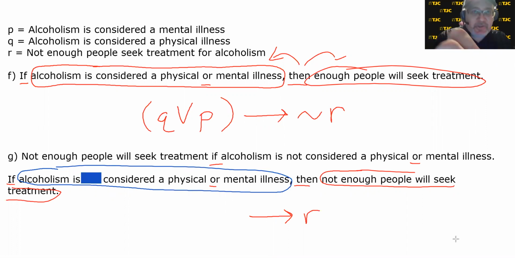Parentheses, because we had multiple connectives and we already figured out that the arrow was the primary one, and so the other connective goes in parentheses. Alcoholism is considered a physical or mental illness would be this. Physical is first, yes, P or Q. So that's what it would look like without the word not. I need the negation of that thing. And what's the negation of that thing? This.